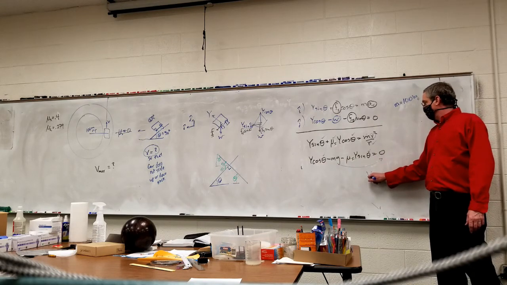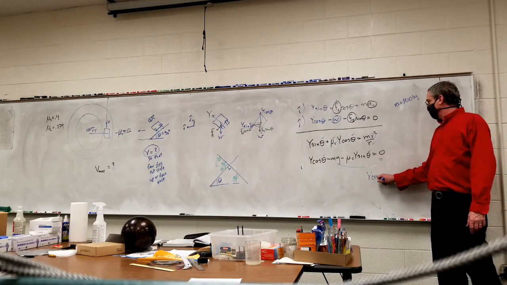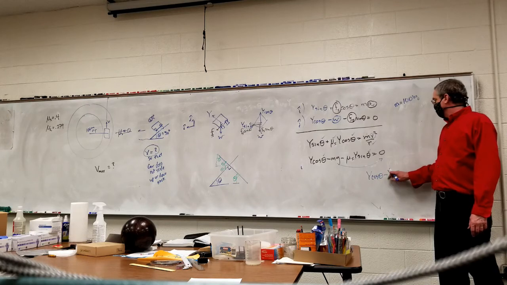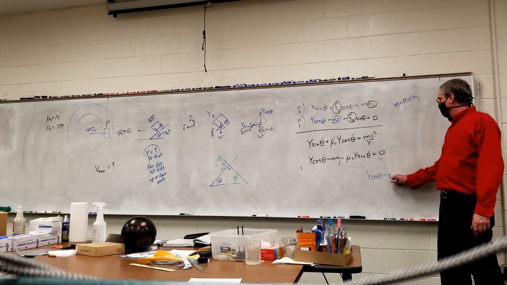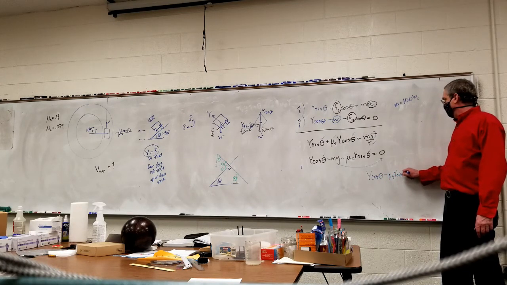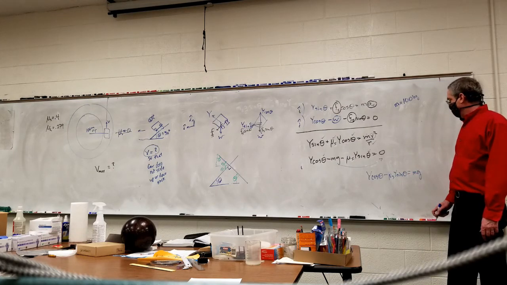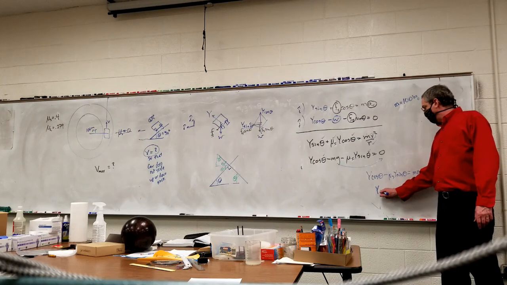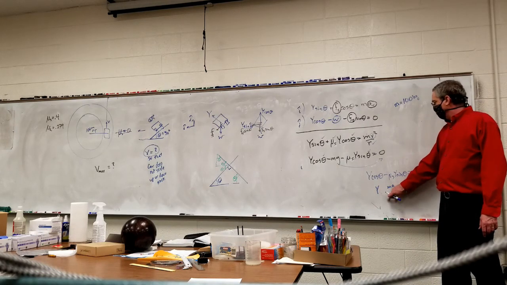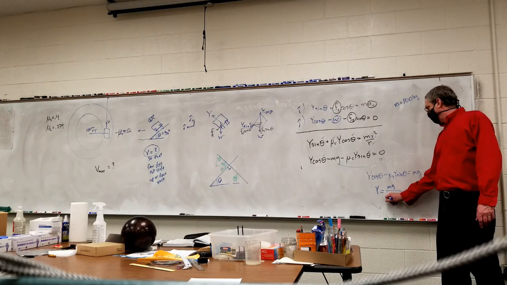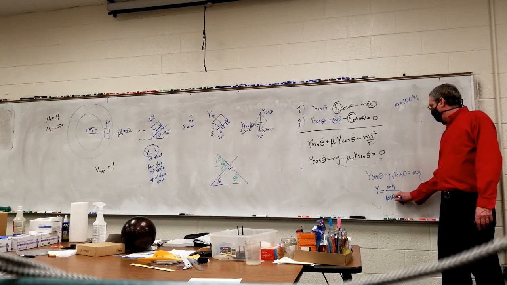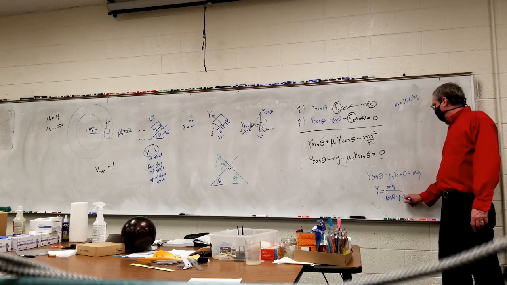So I have y cosine theta minus mu s y sine theta equals mg. So y would be mg, that's supposed to be an equal sign, divided by cosine theta minus mu s sine theta.